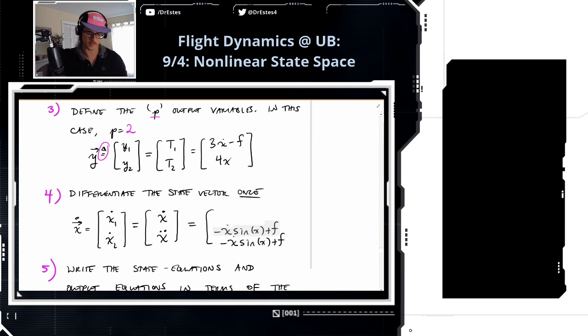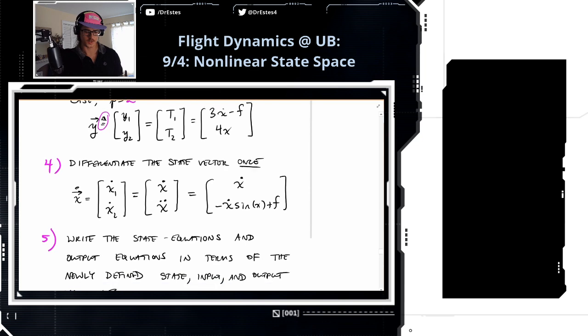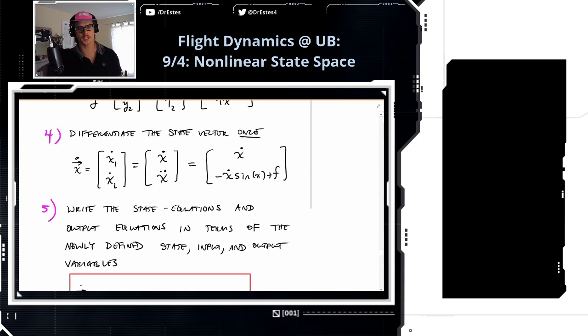So I just got that from my differential equation. And x dot is still the same old x dot. So that's the fourth step. Just differentiate your state vector once.